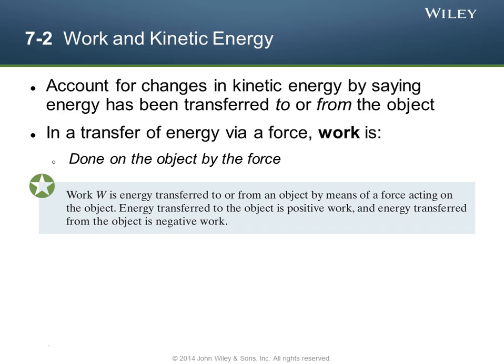Work, which we're going to use W to signify, is energy transferred to or from an object by means of a force acting on the object. And so energy transferred to the object is positive work. If we increase the energy of the object, that is positive work. And if energy is transferred from the object, then we consider that to be negative work.